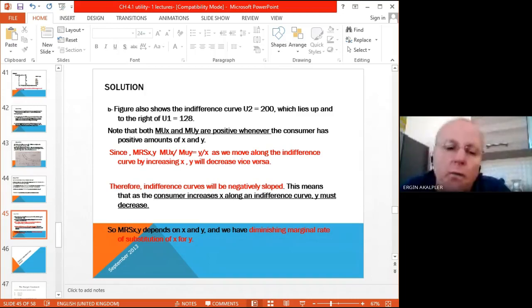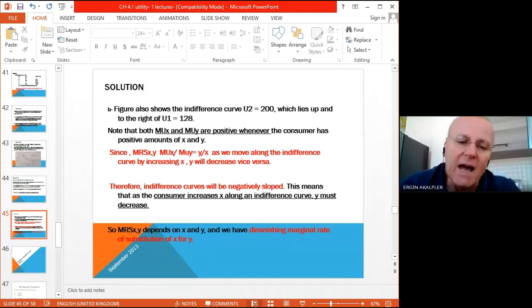Therefore, the indifference curve will be negatively sloped. This means that as the consumer increases X along an indifference curve, Y must decrease, because the indifference curve is convex. When we are reducing Y, this reduction will be a decreasing amount, up to when the curve becomes parallel to the horizontal axis.